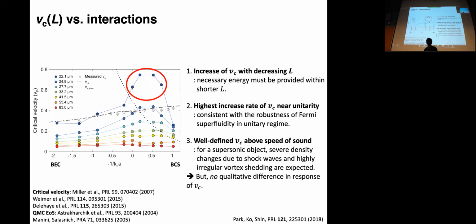But we don't really see a qualitative difference in the response of the critical velocity or the shedding pattern. And we know that if we were to translate our optical beam at this very fast velocity for a longer length, indeed we do see these structures form. So we think that it has to do with the way we kind of impulsively measure the vortex shedding critical velocity over a finite distance.